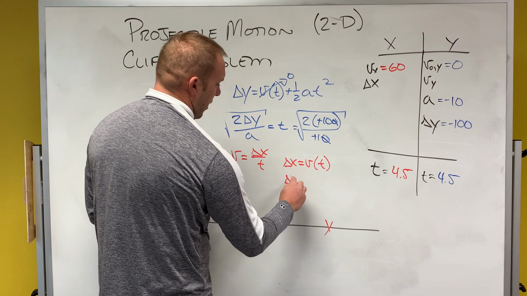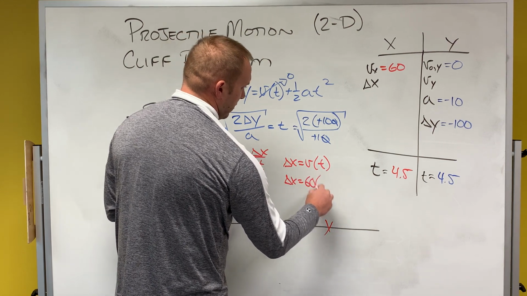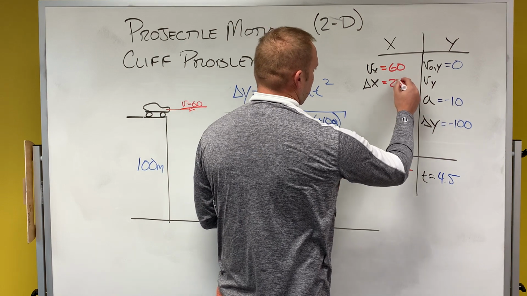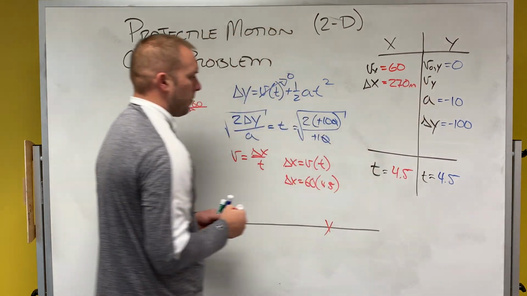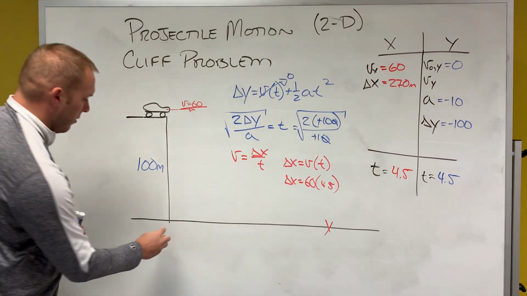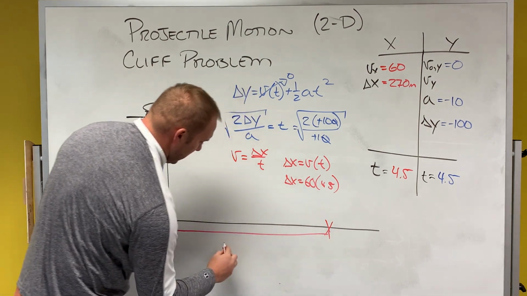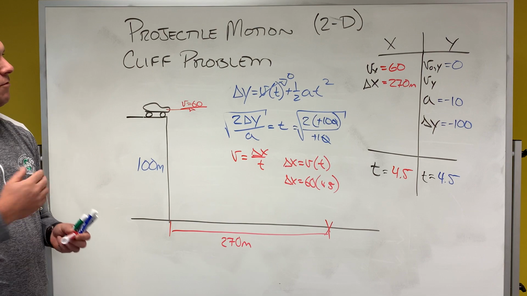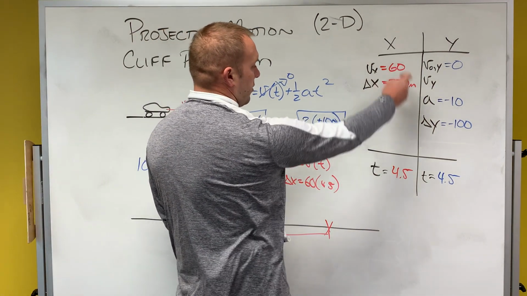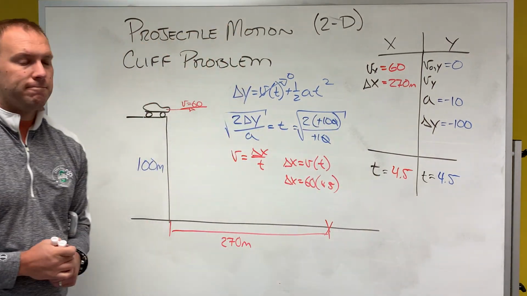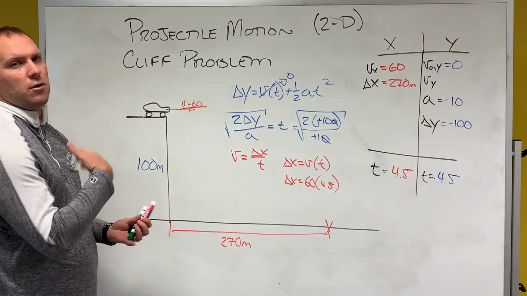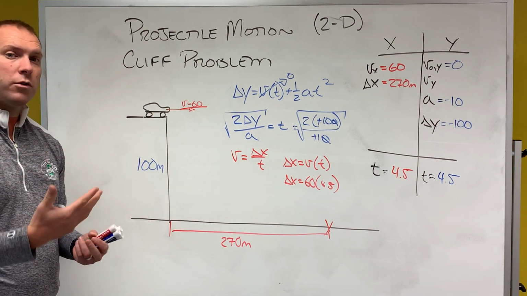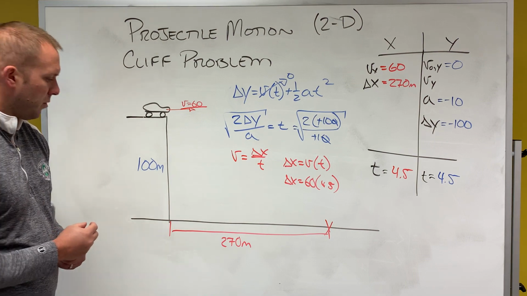And that would be 60 times 4.5, which is 270 meters. So that's how far from the cliff it lands, 270 meters. Right? Now, if I were given 270 meters, I could work backwards and solve for time. Okay? So I'm not saying this is always the pathway we're going to work through this, but this is an example of how we would work through the thought process of this problem.